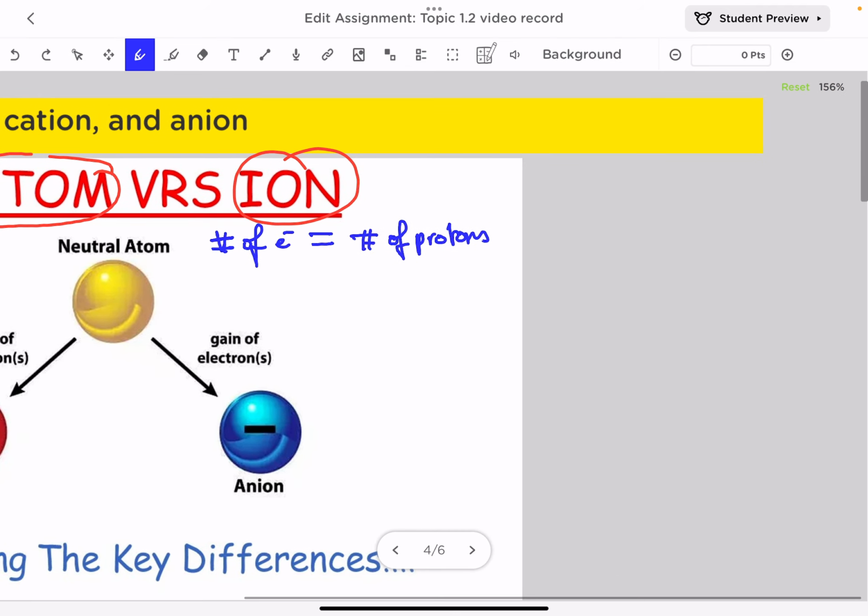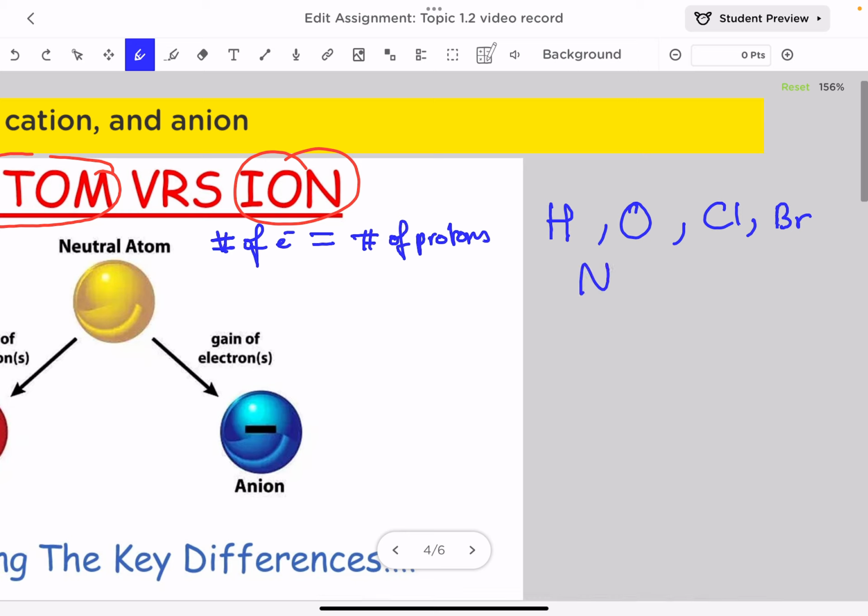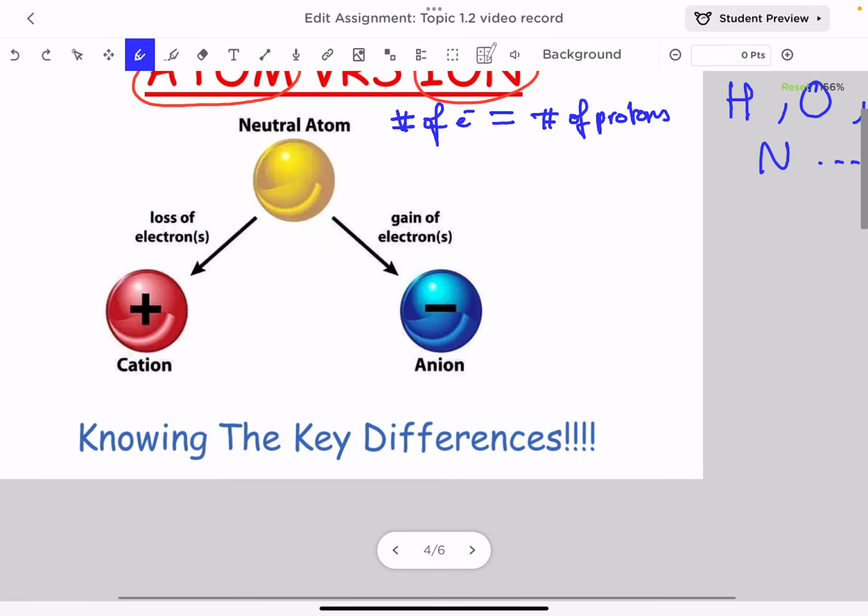Like for example, H, O, Cl, Br, N, etc. All these presented atoms are neutral. The number of electrons present in every atom is equal to the number of protons present in each and every given atom in this example.